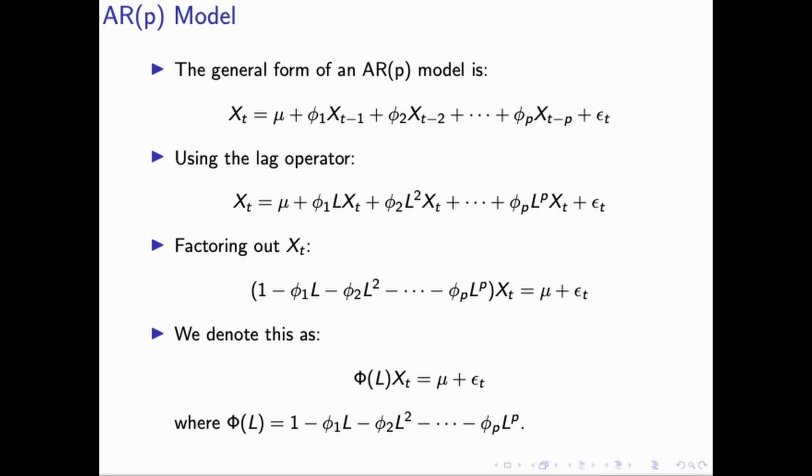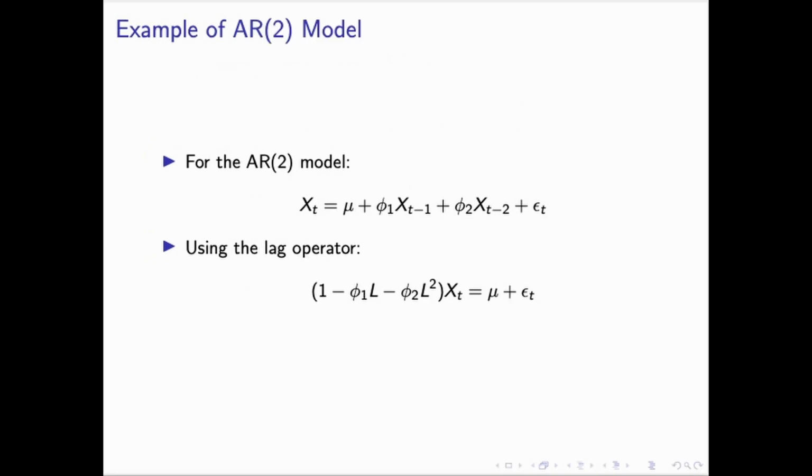Again, to simplify our notation, we use a capital Phi(L) to represent 1 minus phi_1 L, up to minus phi_p times L to the power p. This formulation is especially useful because it allows us to factorize the autoregressive components of the model.